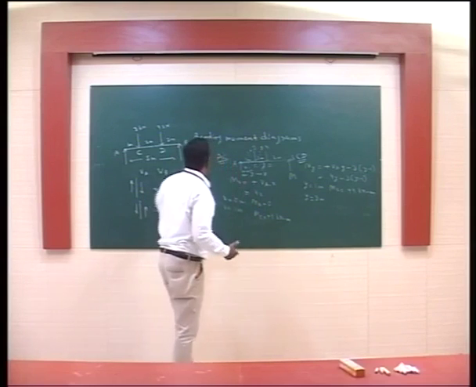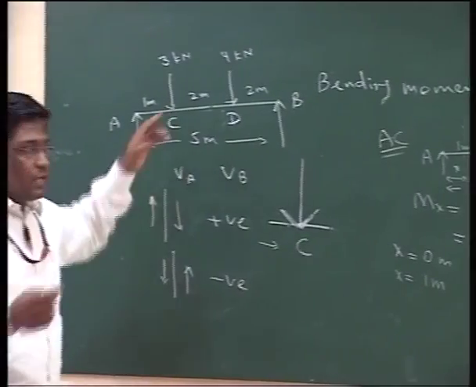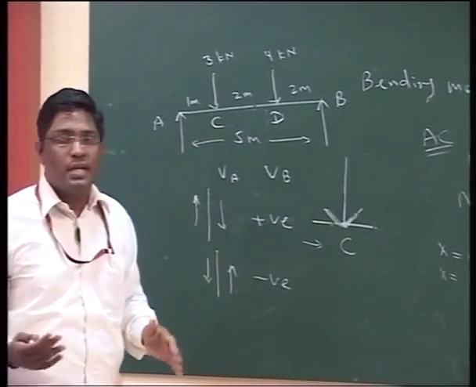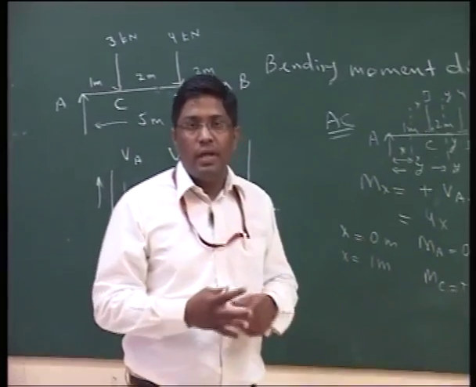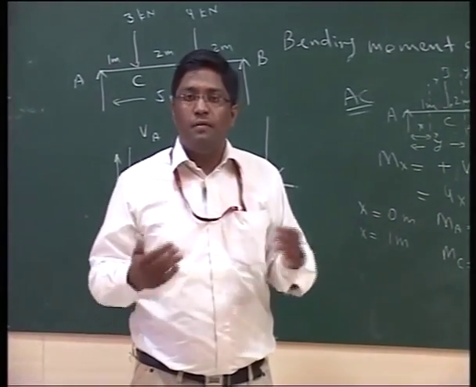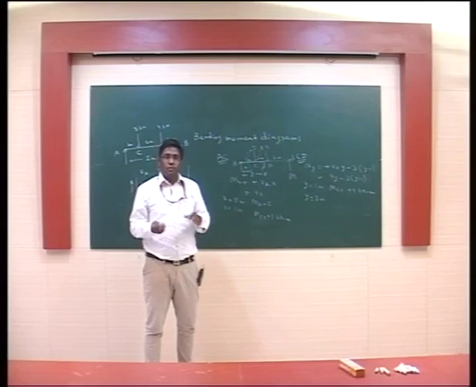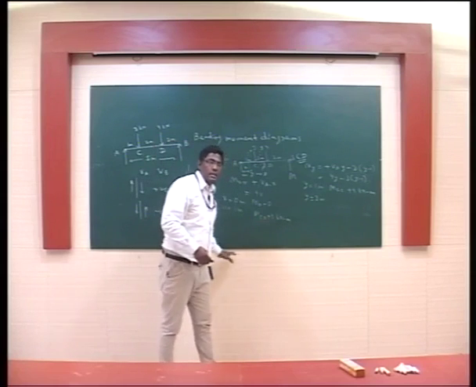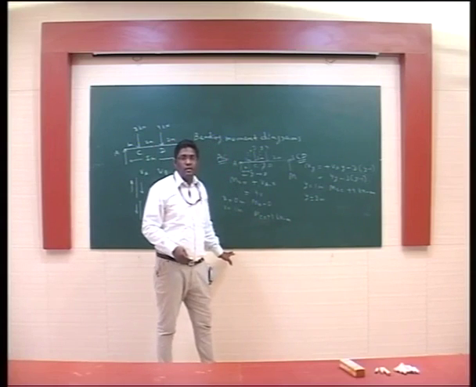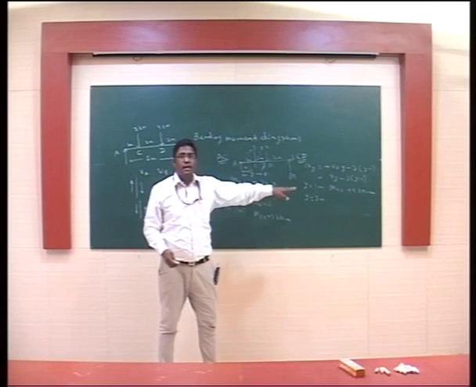Because at any point C, bending moment is defined as force into distance, and any force in the world can cause no moment where it is applied, because the distance of that force from the point where it is applied is 0. So there will always be a check in bending moment values that M at C has to come as M at C.